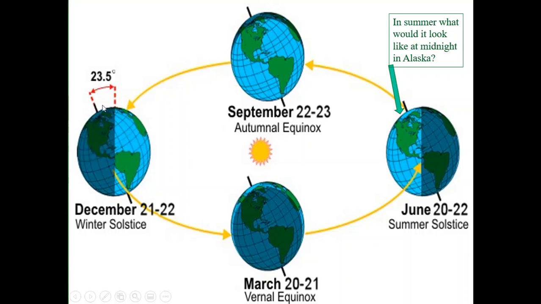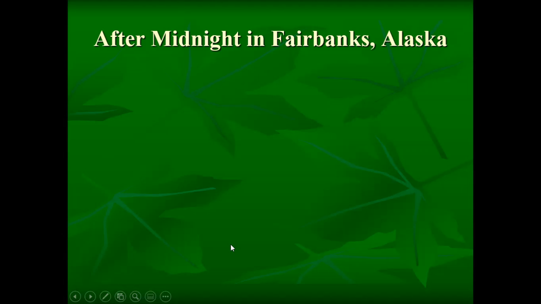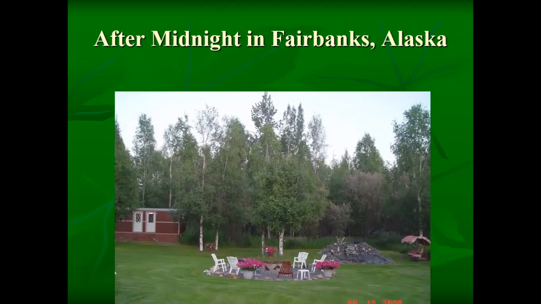Would I see the sun go down? Well, the sun would be down all the time. Look at that. It is constantly dark up there during that time of the year. That's why my sister never wants me to come visit in Fairbanks in December. Okay.